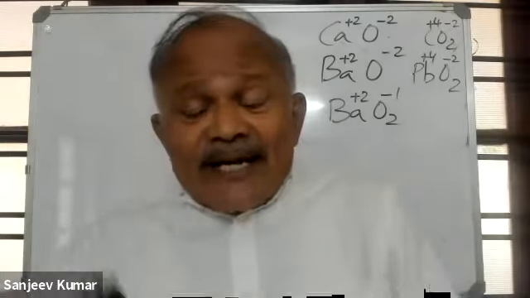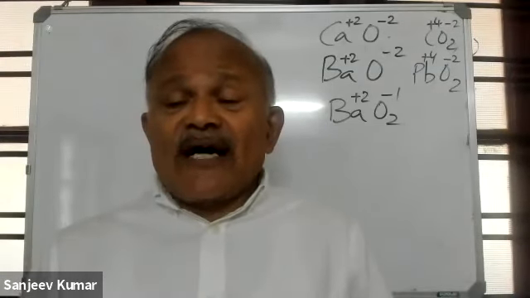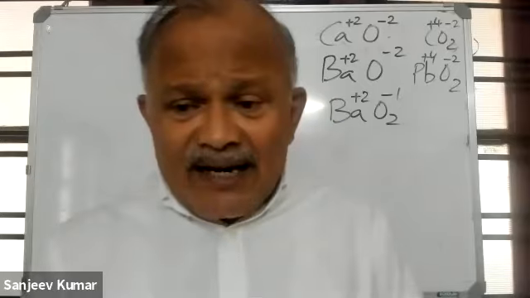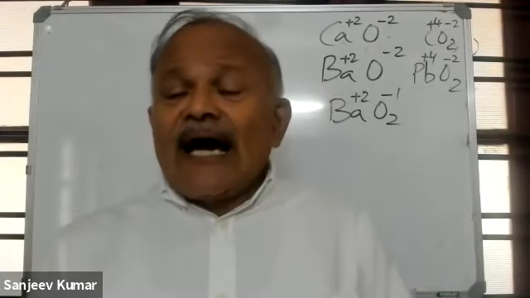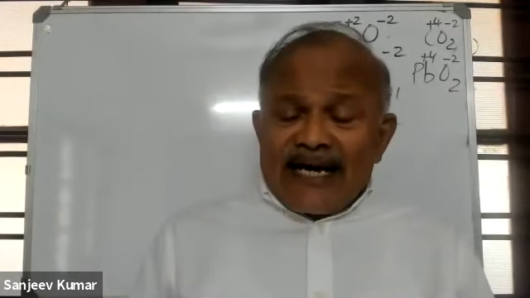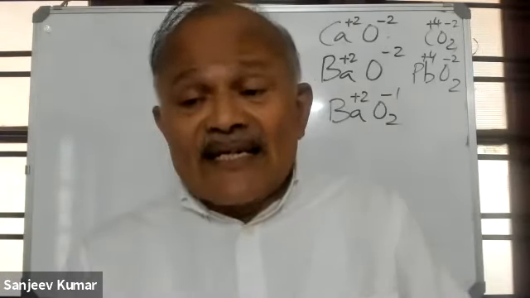But the hydrides of p block elements, the boron hydrides, diborane, B2H6, as well as the hydrides of the carbon family, CH4, C2H6, and the hydrides of the nitrogen family, ammonia, phosphine, and the hydrides of the oxygen family, water, hydrogen sulfide, or the hydrides of the halogen family, HF, HCl, etc. They are all covalent in nature.